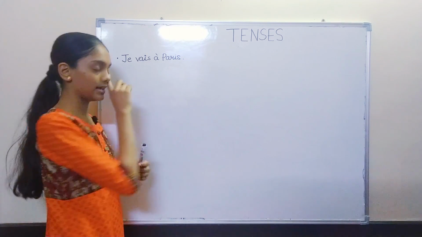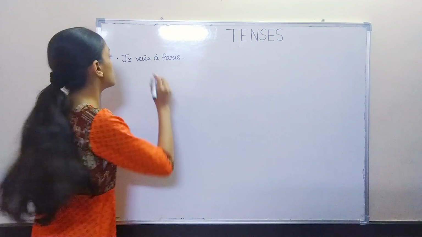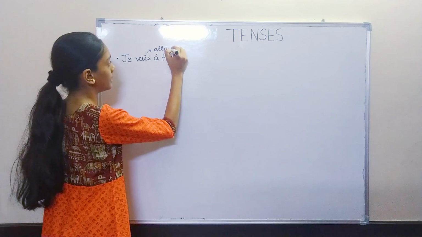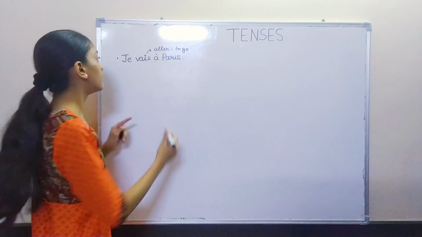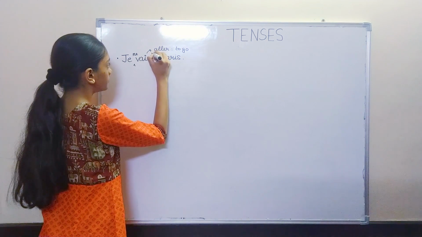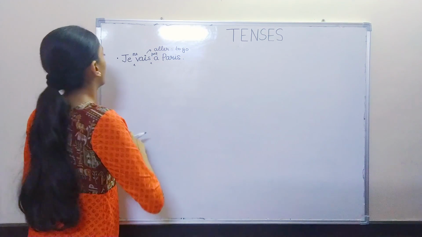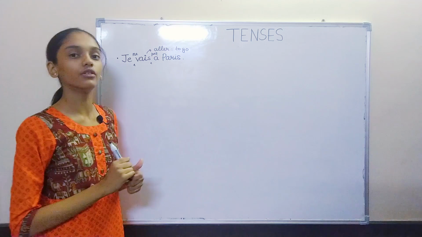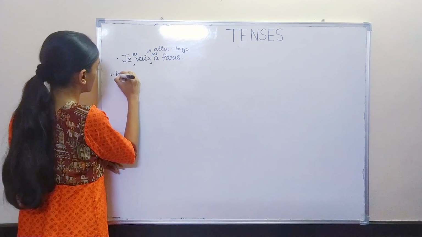So, je vais à Paris, it's in present form, which means I'm going to Paris. Je vais, it is the verb aller, which means to go. If you want to negate it, it would be je ne vais pas à Paris. Okay? So, first we'll move to the past, then we'll go to the future. So, first we have Passé Récent.